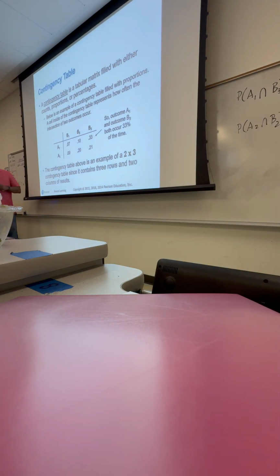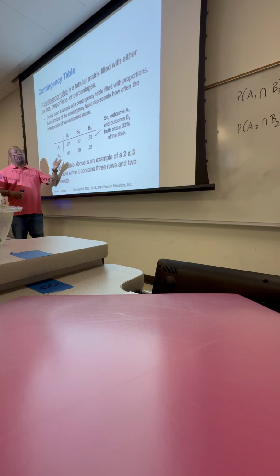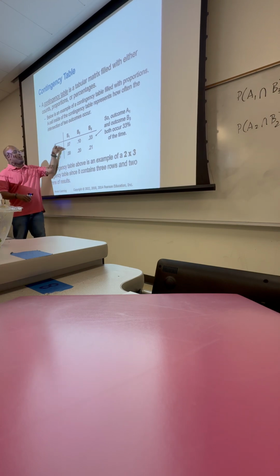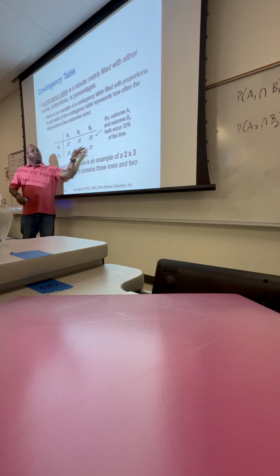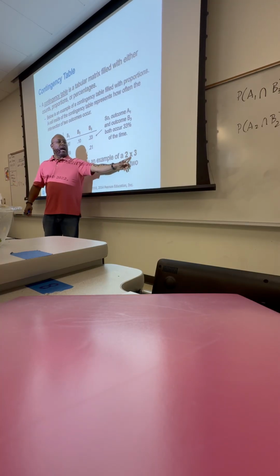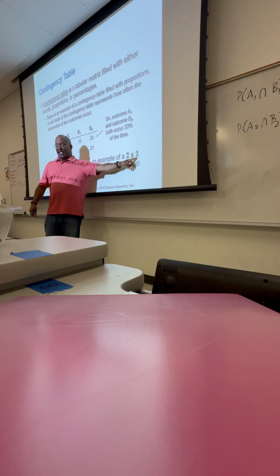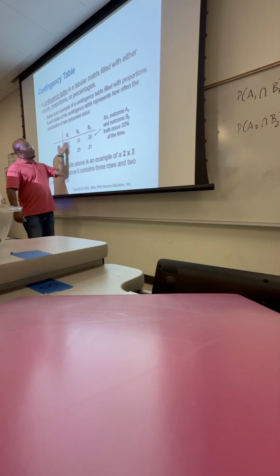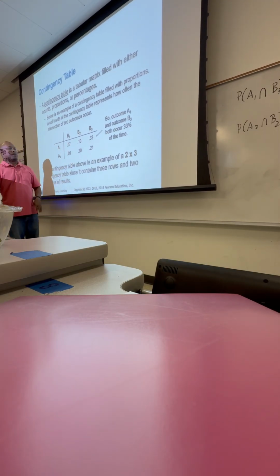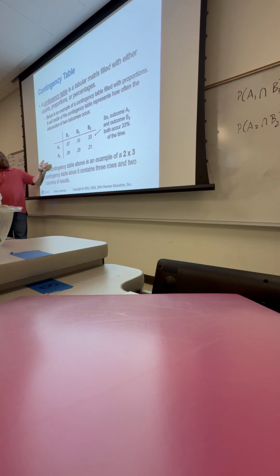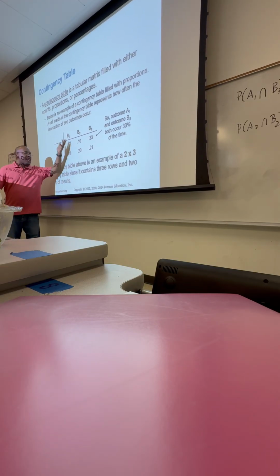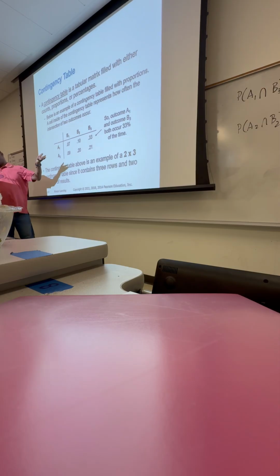Oh, by the way, when we talk about the contingency table, we can talk about the dimension of a contingency table. This is an example of a 2x3 contingency table: 2 rows, 3 columns. So it's the number of rows by the number of columns. Is everybody with me? If you had, like I said earlier, 4 rows and 3 columns, this would be a 4x3 contingency table.